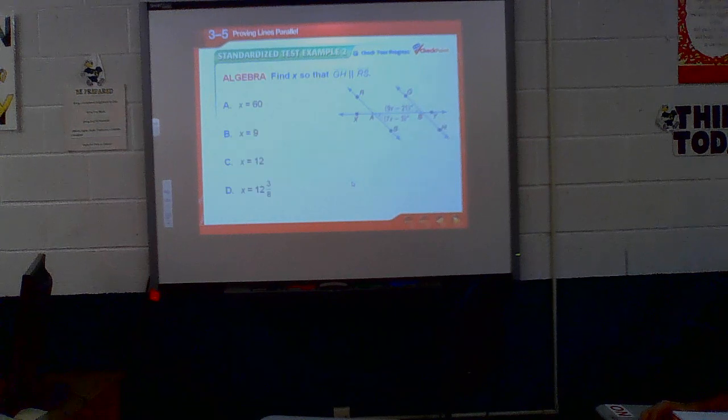So here's my next one. It says find x so that GH is parallel to RS. So the biggest thing in some of these is that you make sure that you understand where that quantity is compared to this quantity right here. And you really have to pay attention to the little arrows and everything. So again, this isn't necessarily how we usually write our parallel lines.